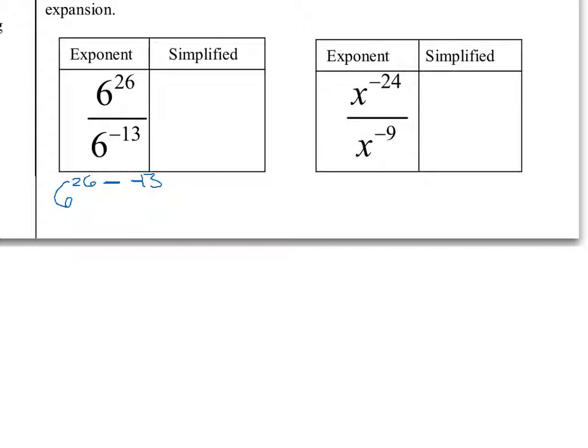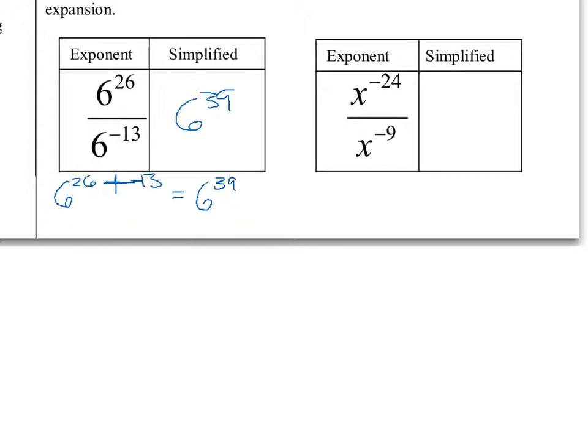Leave, change, switch gives me a positive plus sign. Should be 6 to the 39. This is a simplified answer, so we're good.